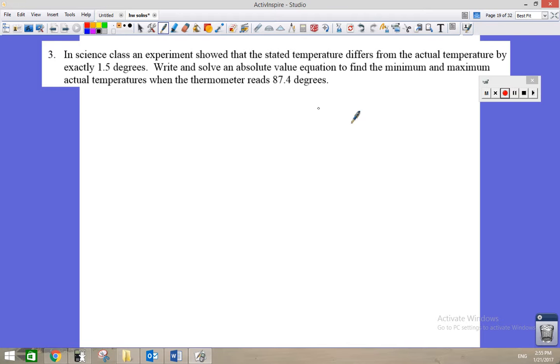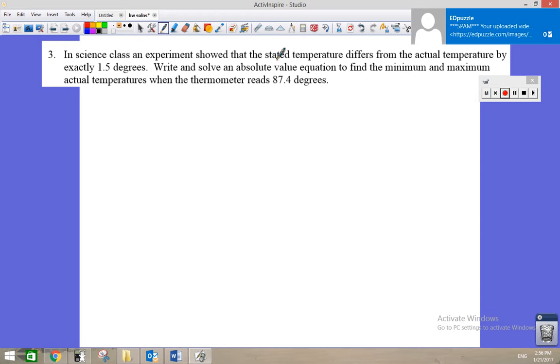That this thermometer sometimes lies a little bit. It's a cheap thermometer. You picked this up on sale at the dollar store or something like the Dollar Tree. So maybe that's the stated temperature differs from the actual temperature by exactly 1.5 degrees.